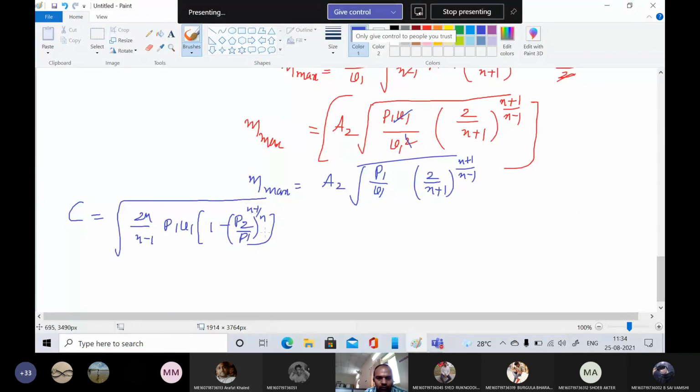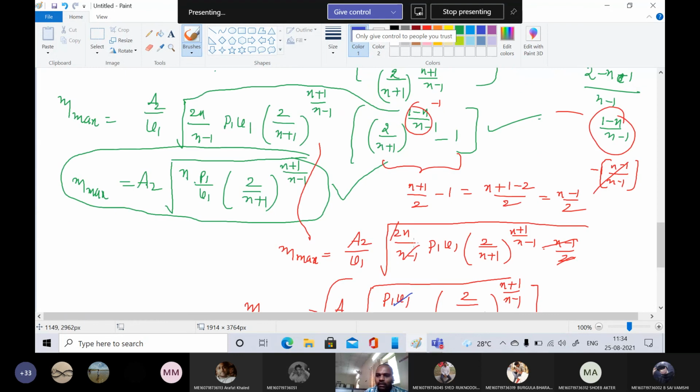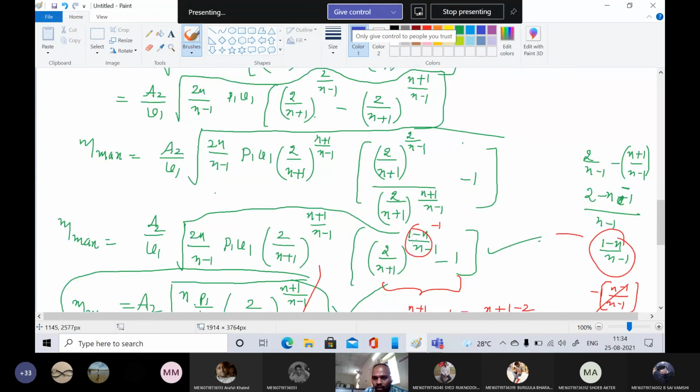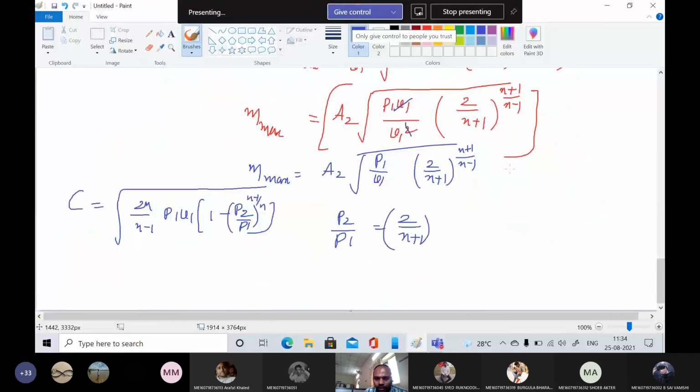Now in this one, if you substitute P2 by P1 as the critical pressure ratio, 2 by n plus 1 whole power n by n minus 1, substitute this value here. So therefore C max is equal to the maximum velocity.